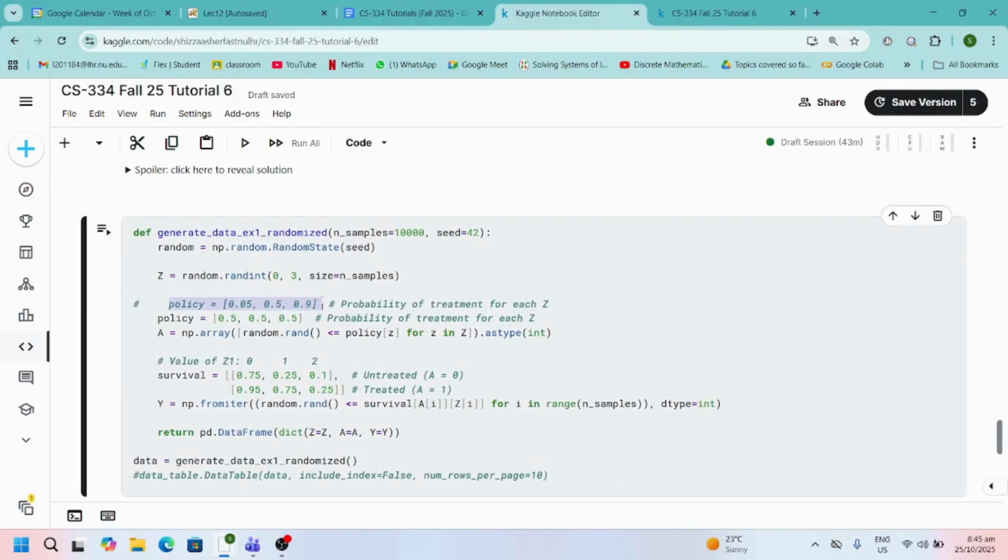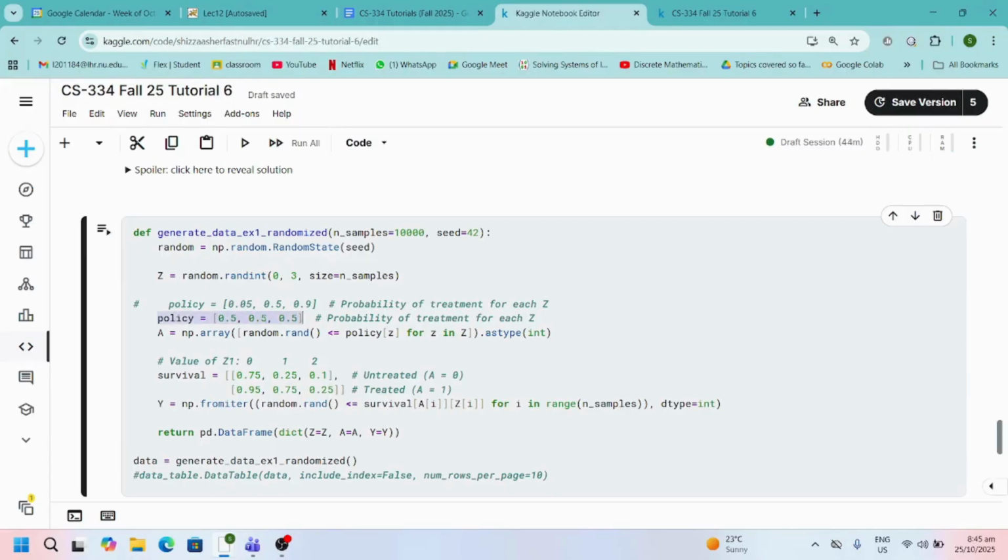So this is what I did. The policy earlier was 5%, 50%, 90%. By the way, they do not sum up to 100% because it's not a distribution. All I'm saying is that there is a 5% chance that a person is given a treatment if their symptoms were mild. There's a 95% chance that they were not given the treatment if their symptoms were mild, and so on and so forth.